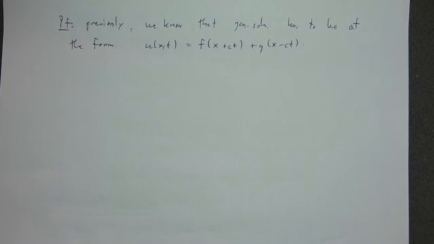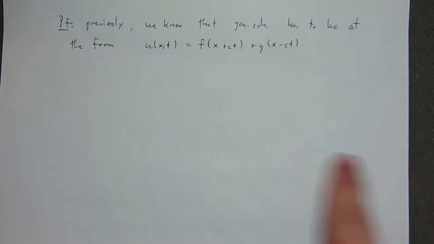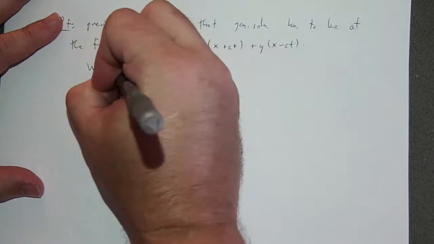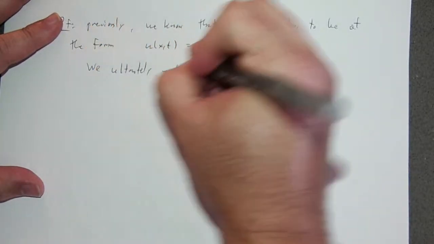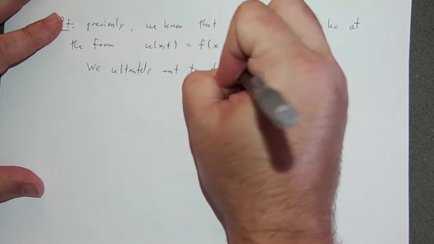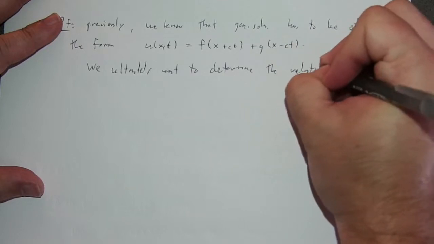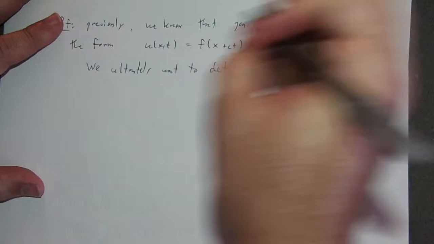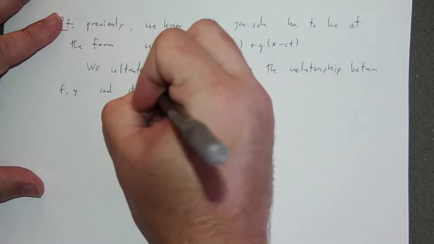Okay. So really, all we need to do is figure out how f and g are related to our initial conditions, right? So we ultimately want to determine the relationship between f and g and phi and c.